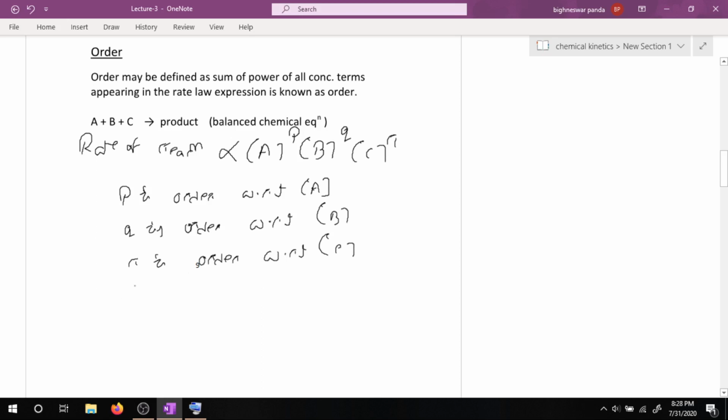So I can say that the overall order of reaction is N equal to P + Q + R.